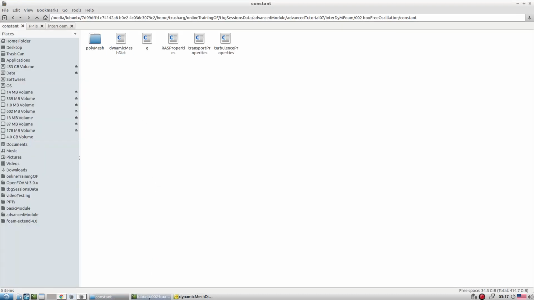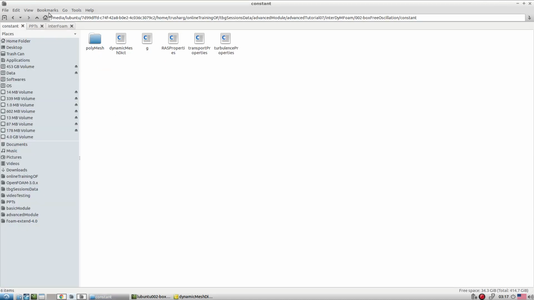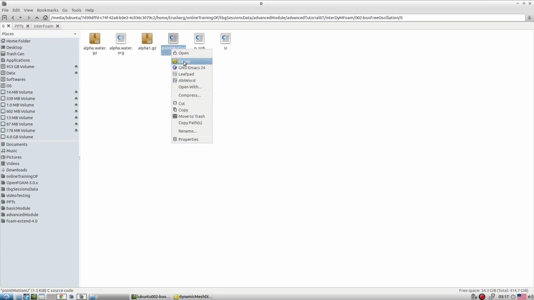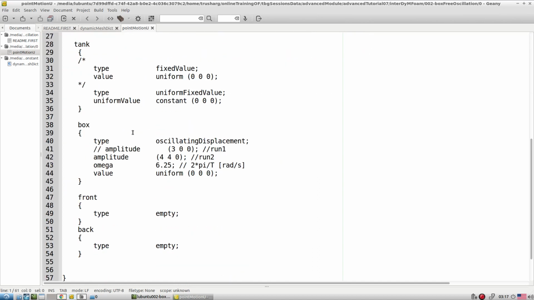Now we are working with velocity Laplacians. When we work with velocity Laplacians, an additional file, the mesh motion U file, is required inside the zeroth folder. Let's observe this, and from here we specify the mesh motions. As I showed you two videos, this is the mesh motion based on both videos.